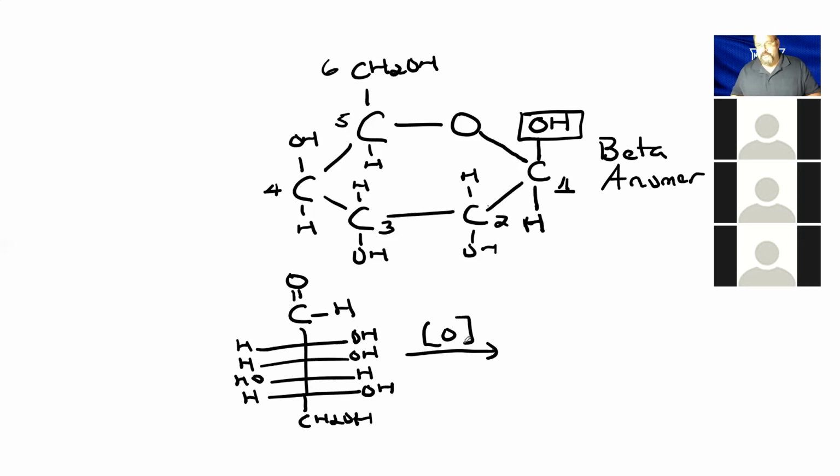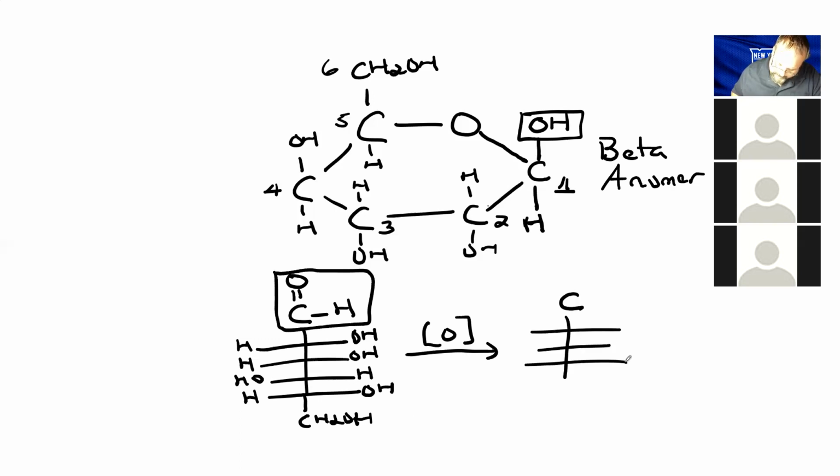Most of the reagents that are used for monosaccharide or carbohydrate oxidation in general will focus on the aldehyde portion of the structure. And as we know, what happens when an aldehyde undergoes oxidation? An aldehyde becomes what? An aldehyde becomes a carboxylic acid. So if I was to draw the structure of the product here, everything would stay the same.